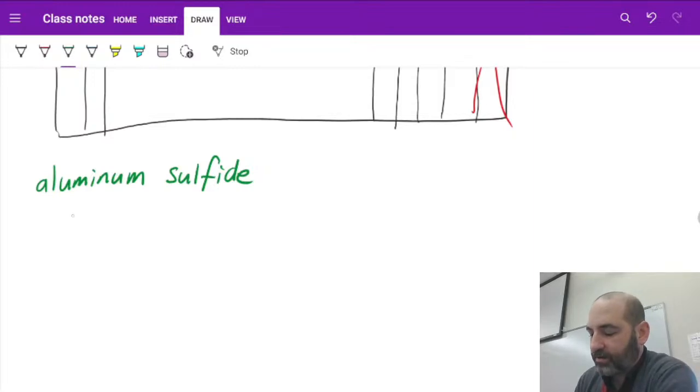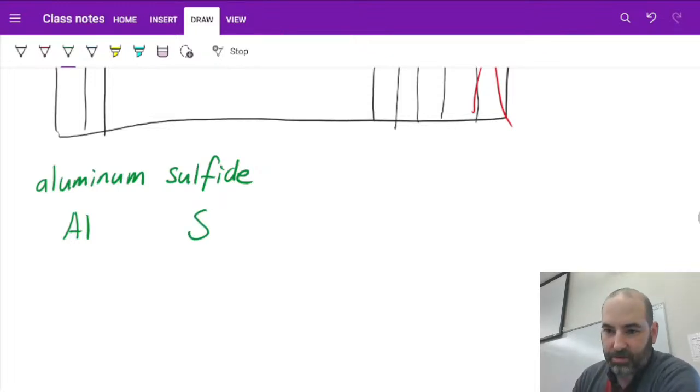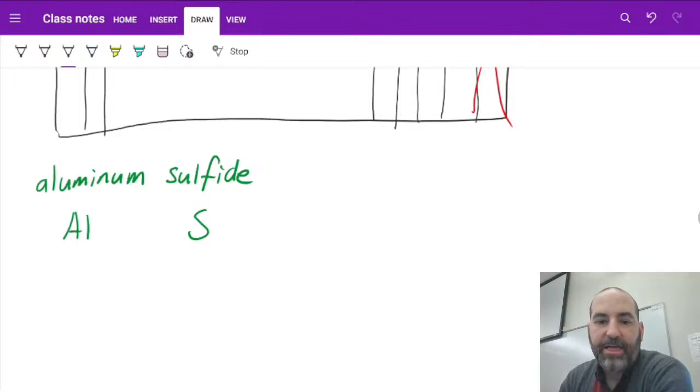For aluminum sulfide, aluminum is Al, and sulfide comes from sulfur, which is S. You'll notice here and earlier that anions usually have a slightly different name from their atom counterpart. So sulfur becomes sulfide, oxygen becomes oxide, chlorine becomes chloride, and so on. Nitrogen becomes nitride. The cations, the positively charged ions, don't change their name.